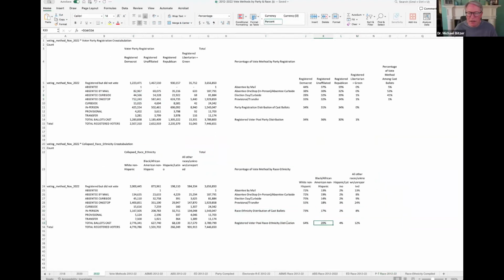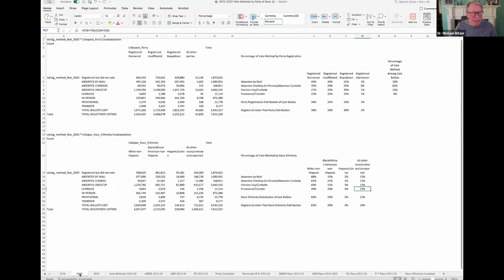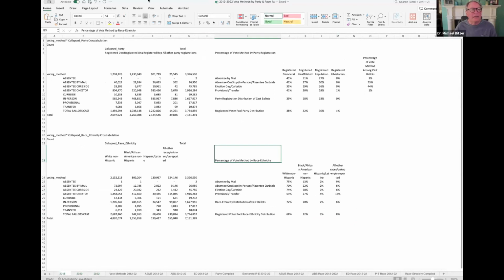Black African Americans made up 20% of the voter pool, but were 17% of the ballots cast, and so forth and so on. You had the answer. Thank you. Anytime. And that's for each year. So if you go into each worksheet, you'll find that data at the bottom.